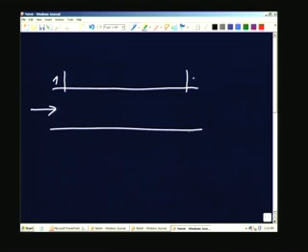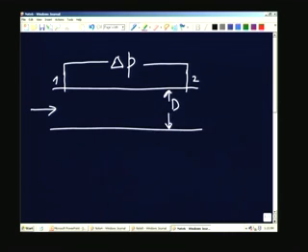Suppose I call them 1 and 2, and between them I am going to measure the pressure difference and the diameter of the tube is capital D. As far as the fluid is concerned, we know what the fluid is, for example, it may be water, and velocity is given as capital U. We will assume that U is the mean velocity, and we will assume that the entire experiment is isothermal.